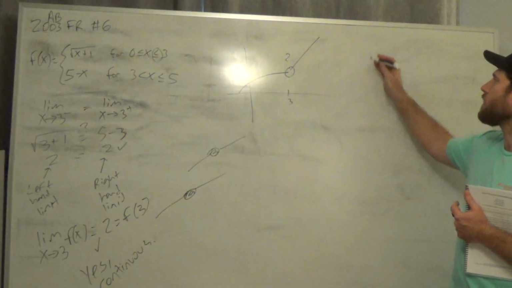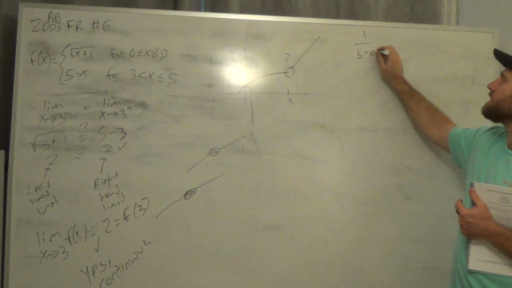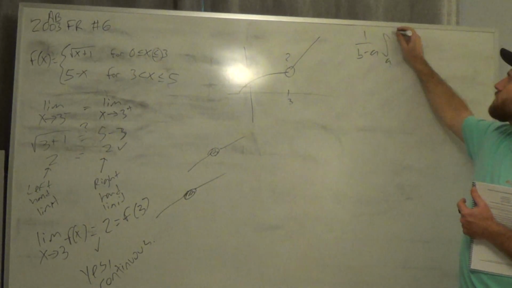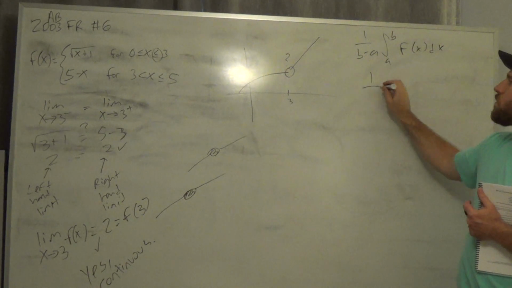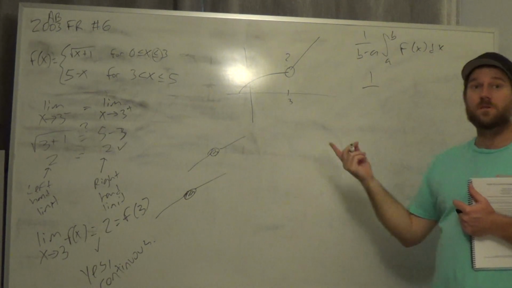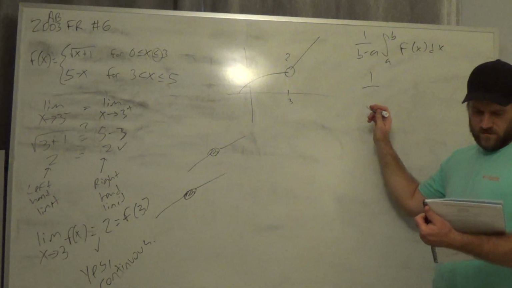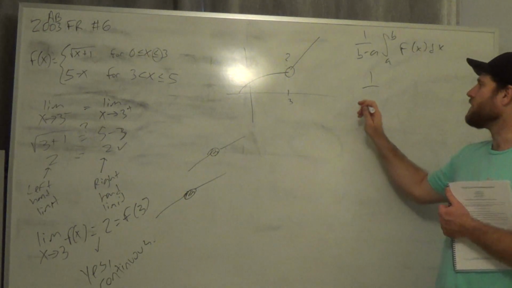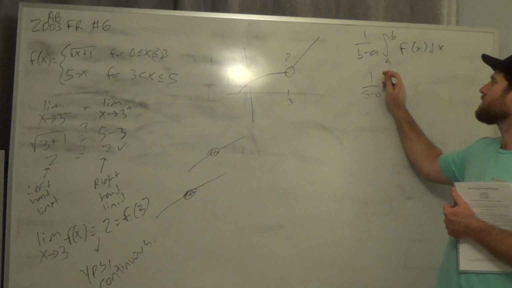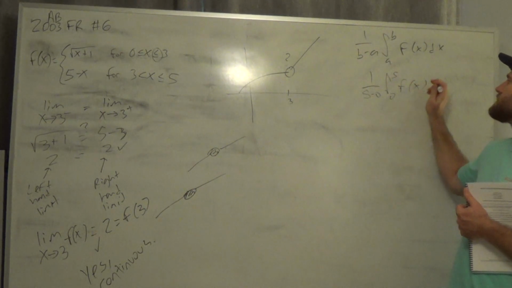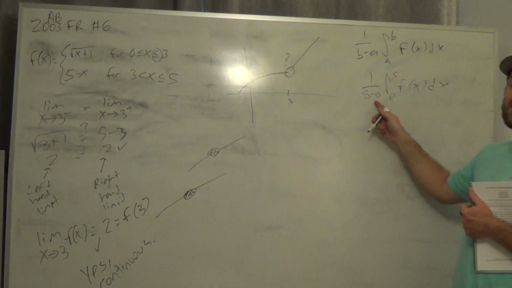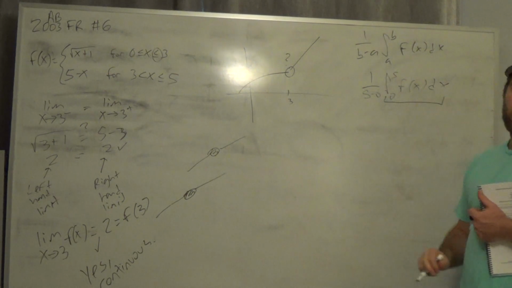The average value formula is 1 over b minus a, integral from a to b of f of x dx. They want it on the interval 0 to 5. So 1 over 5 minus 0, integral from 0 to 5 of f of x. So basically, it's going to be 1/5 of the area.